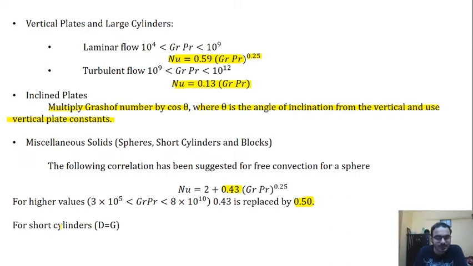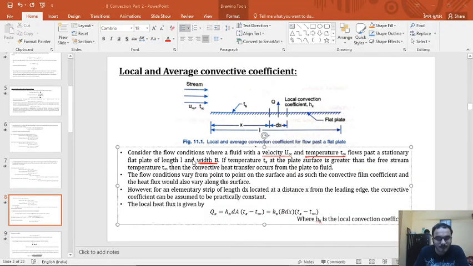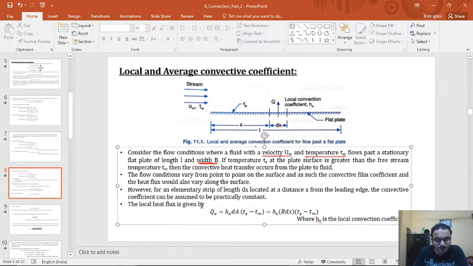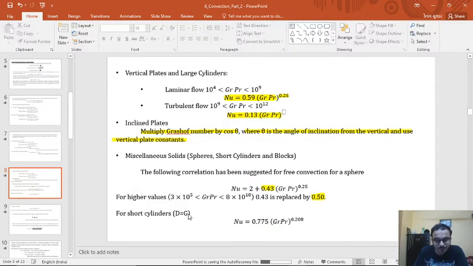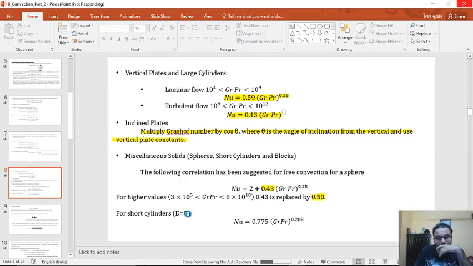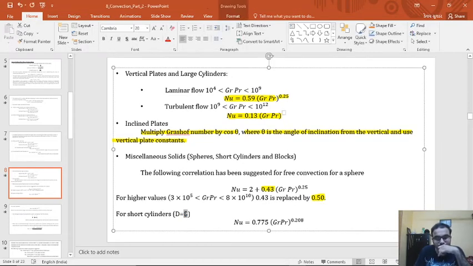For short cylinders in which D is equal to, sorry, here it is H. For the short cylinders, Nu is equal to 0.775 GrPr raised to 0.28.